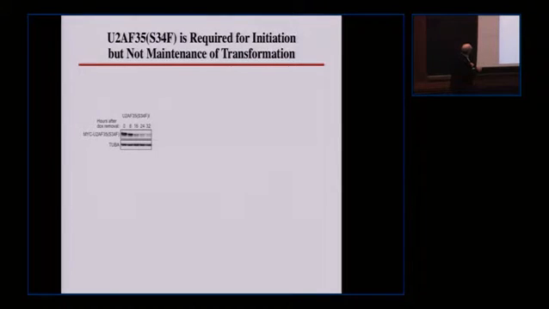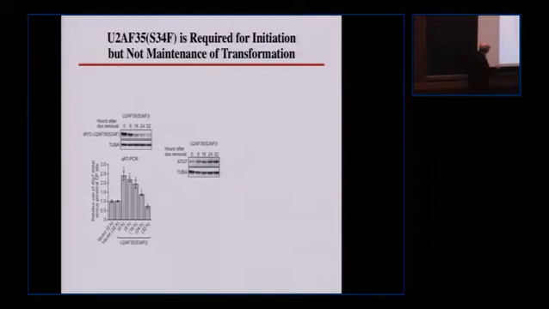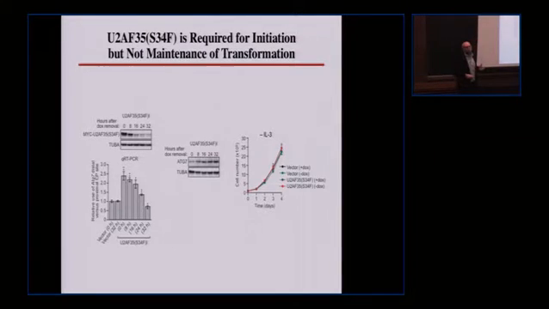That leads to the loss of this oncoprotein, the restoration of normal use of the ATG7 proximal CP site, and the reaccumulation of ATG7 to normal levels, but the cells remain transformed as evidenced by their ability to proliferate in the absence of IL-3. So we conclude from that experiment that this oncogenic U2AF variant is required only to initiate but not maintain transformation.